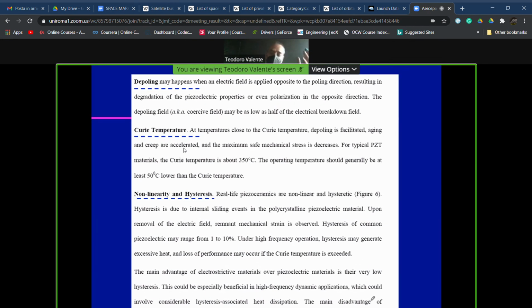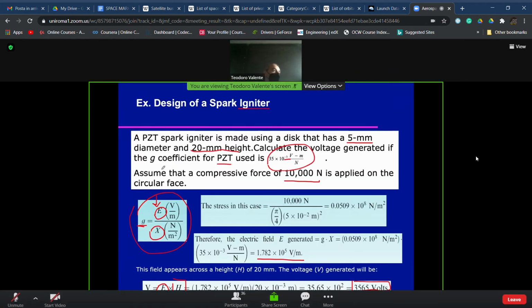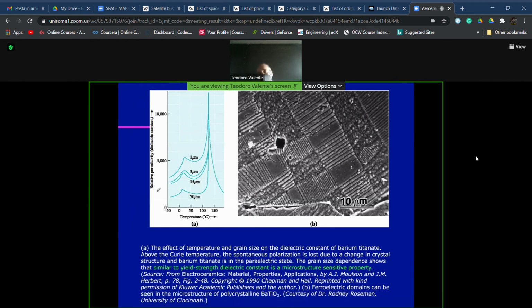Usually we have a linear behavior, like we have implicitly said here. You see, this is a linear behavior. But we can also have non-linear behavior, sometimes some hysteresis. This must be taken into account when, for example, we want to use these kinds of materials as sensors. Impact sensors are made by piezo. What is going to happen when you have an impact? You have an impulsive load applied, so you have a stress.